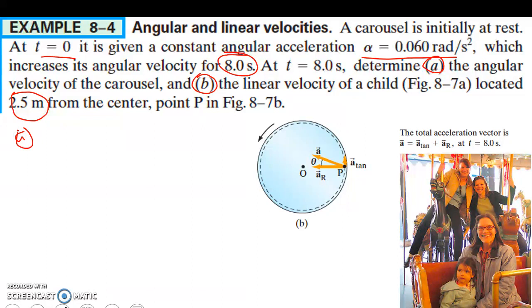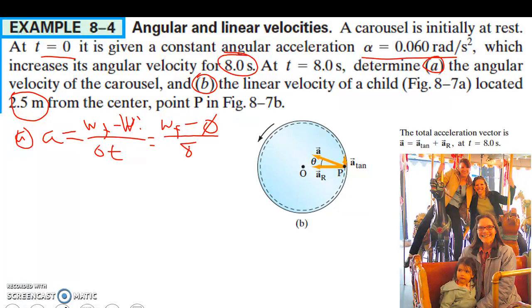Or rather, the angular velocity of the carousel. So we can go with angular acceleration first. Angular acceleration is the final angular velocity minus the initial angular velocity over the change in time. We don't know our final velocity at this point, so that's what we're solving for. We're starting from rest, so initial is 0, and our change in time is 8 seconds.